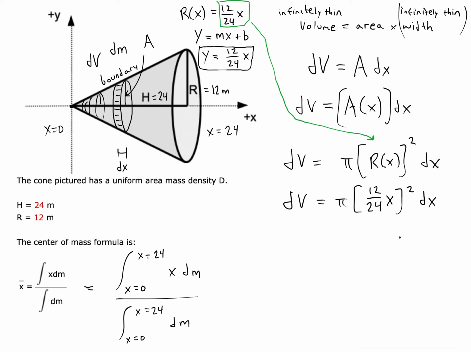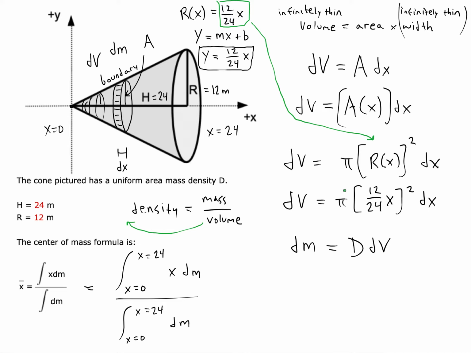Alright, then we want to find dm. So we have from the density formula that dm is going to be the density times the volume. That just comes from the definition of density being a mass over a volume. So if you just rearrange it, multiply volume to the other side, you get that mass is density times volume. But of course, it's an infinitely thin mass and an infinitely thin volume for our disk.